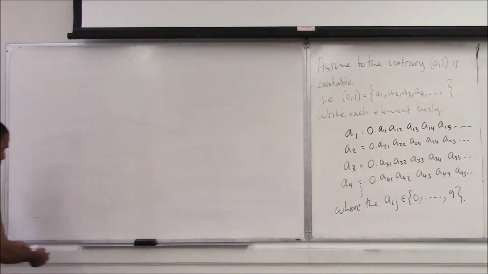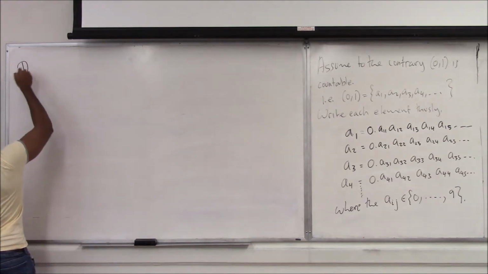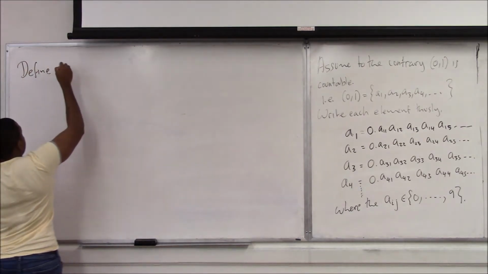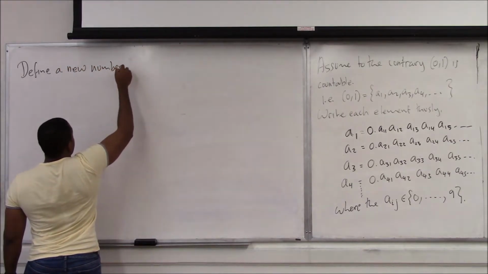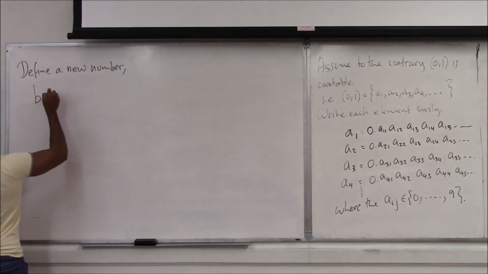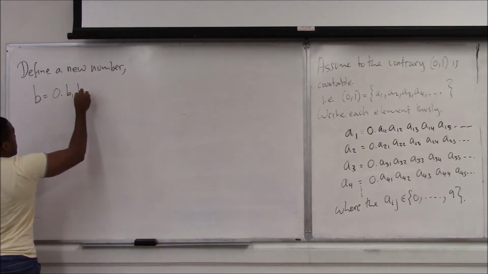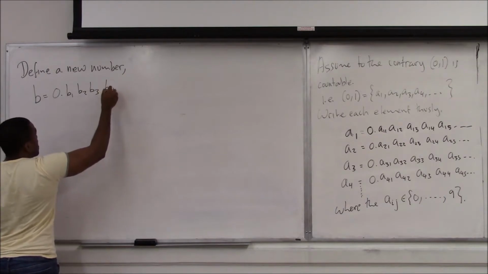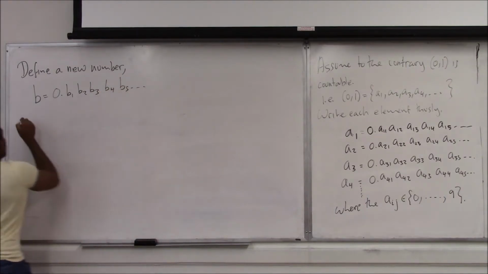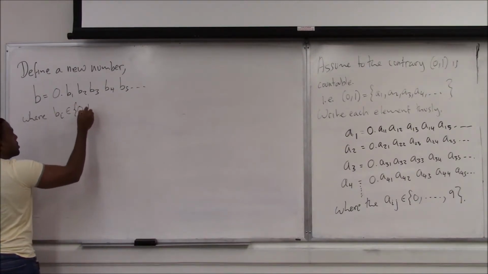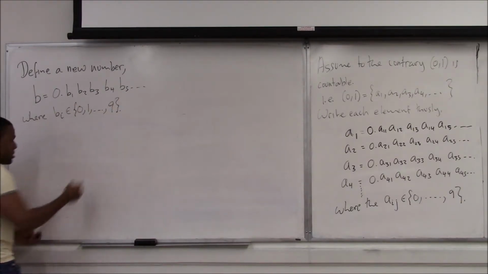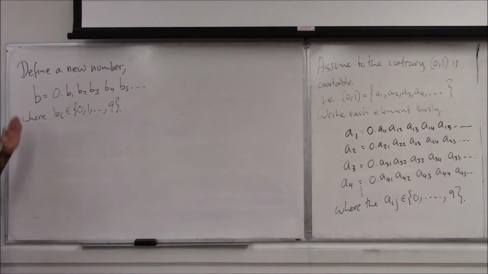So here's what we actually do. Define a new number. Call it B, where the Bi are digits. Right? So I'm going to define a new decimal expansion that lives in 0, 1.